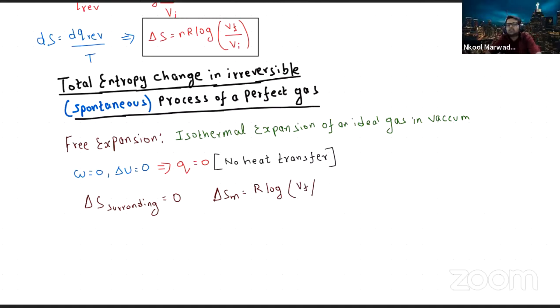So this is the change in entropy of the system. Now the total I can calculate. Delta S total will be delta S system plus delta S surrounding.